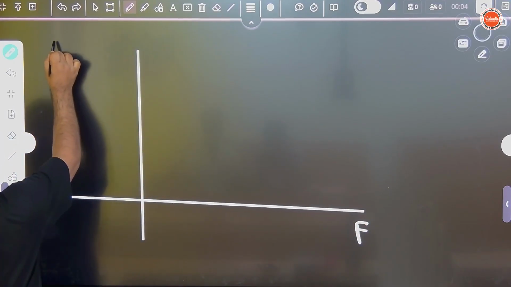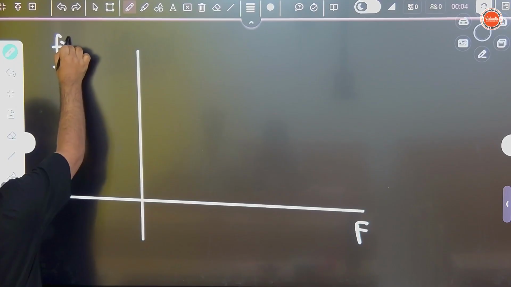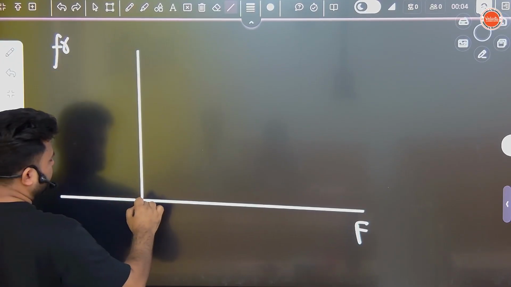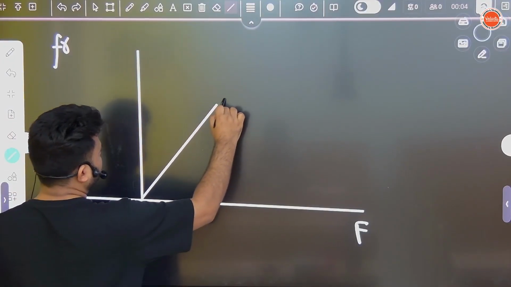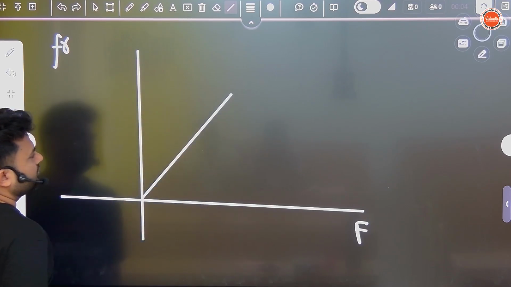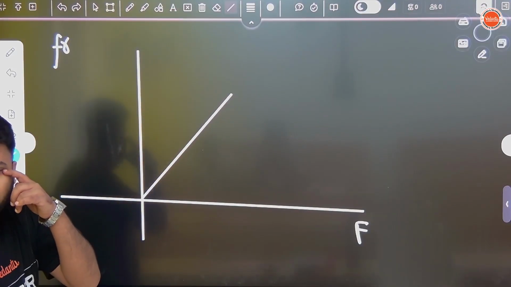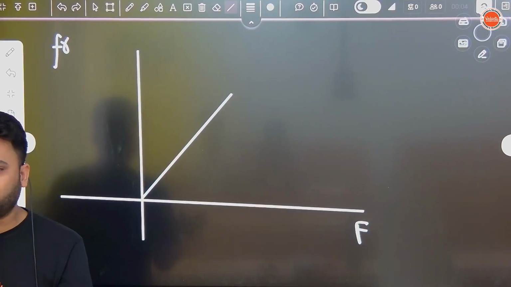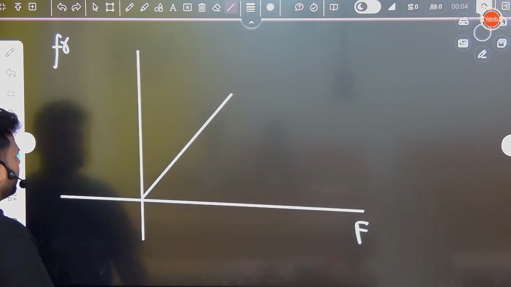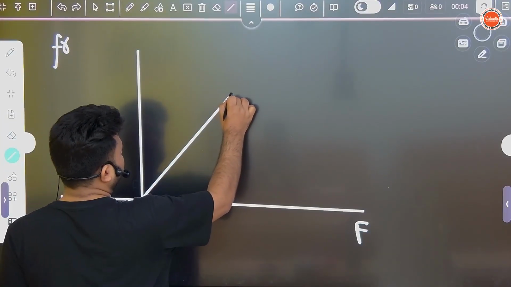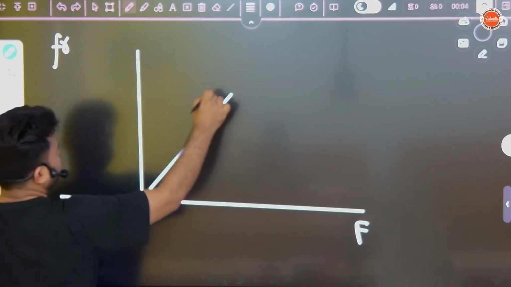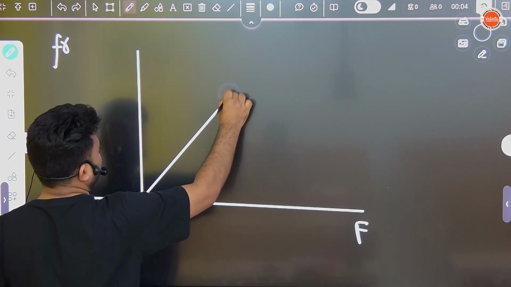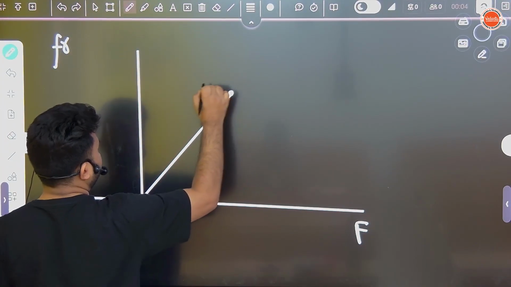This is the friction, this side friction. So force is 0, friction is 0. Force increases, friction increases. So it is a linear graph, a straight line. Y equals x: 0, 0, 1, 1, 2, 2, 3, 3, 4, 4. Till friction reaches the maximum. This is the maximum friction, 10.